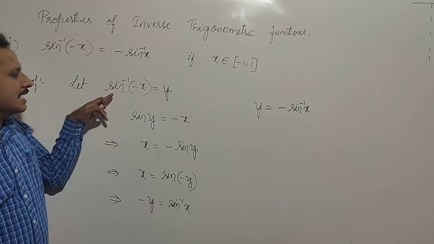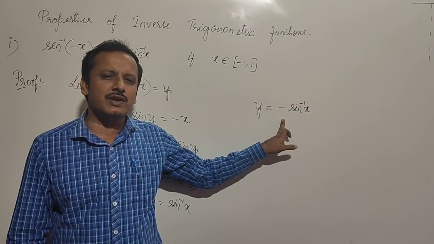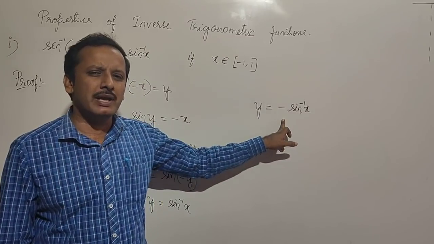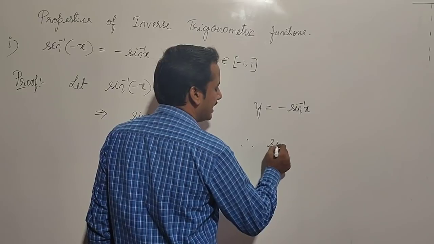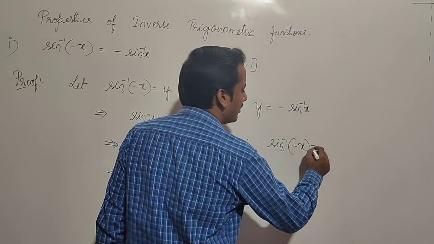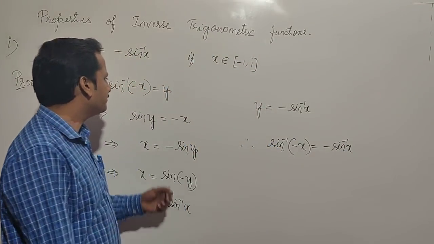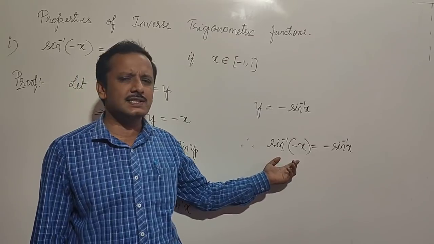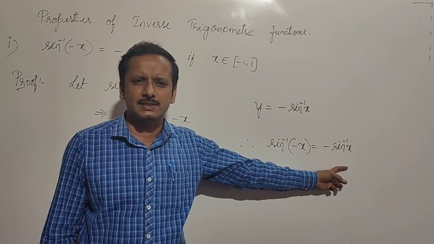Here we have sine inverse of minus x is equal to y, and in this equation we have y is equal to minus sine inverse x. From these two equations we can write that sine inverse of minus x is equal to minus sine inverse x.